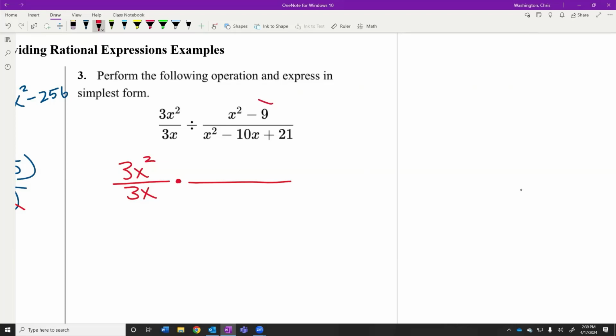X squared minus 9, what can we multiply to get 9 that adds to give us 0x? We can do the square root thing again. That's going to be positive 3 and negative 3. But I lied to you. It should be in the denominator. Yeah, we should definitely switch it, because we are dividing.